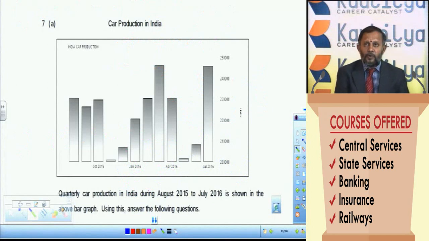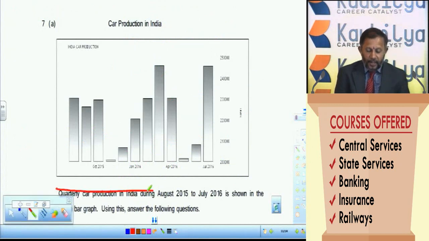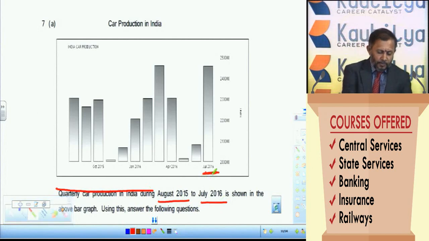And here is one more question from a previous paper, and they have given the quarterly car production in India from August 2015 to July. Here we can observe that it ends at July 2016. This is the month of August 2015, September 2015, October 2015, like that they are given.